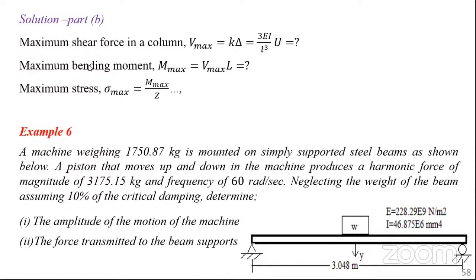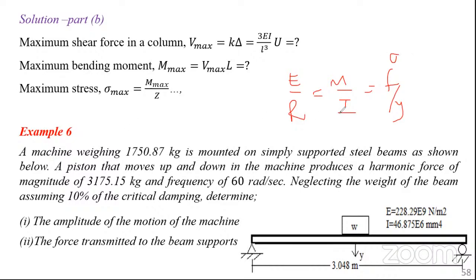For the stress, there is an equation that is very useful, the bending equation: sigma equals M over I equals F over Y. Sometimes we talk of the delta like that.